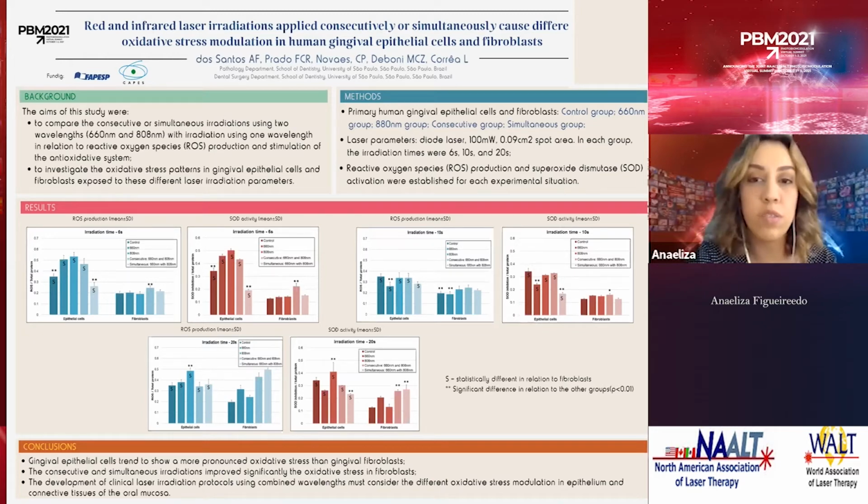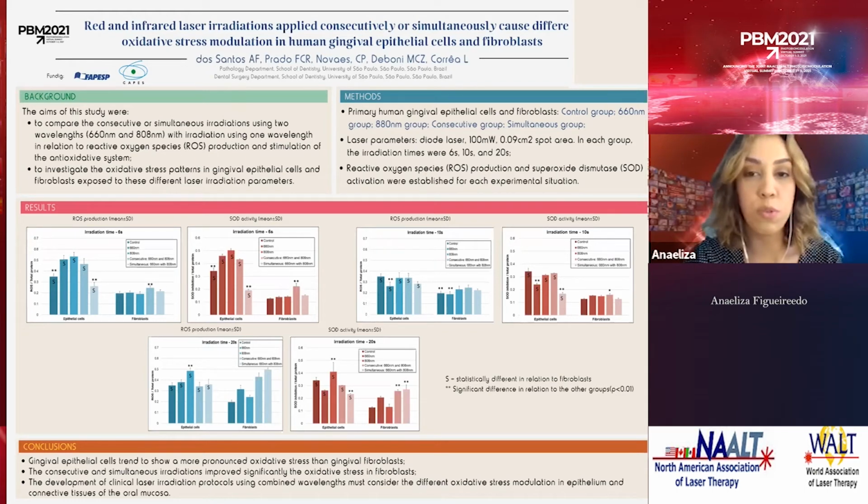The aims of this study were, first, to compare the consecutive or simultaneous radiation using two wavelengths, 660 nanometers and 808 nanometers, with radiation using one wavelength in relation to reactive oxygen species, or ROS, production, and stimulation of the antioxidative system. Second, to investigate the oxidative stress patterns in gingival epithelial cells and fibroblasts exposed to these different laser radiation parameters.